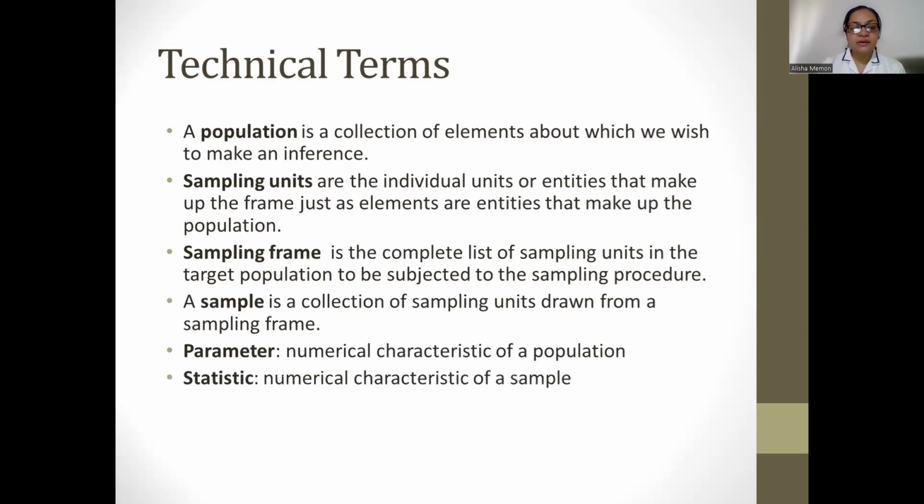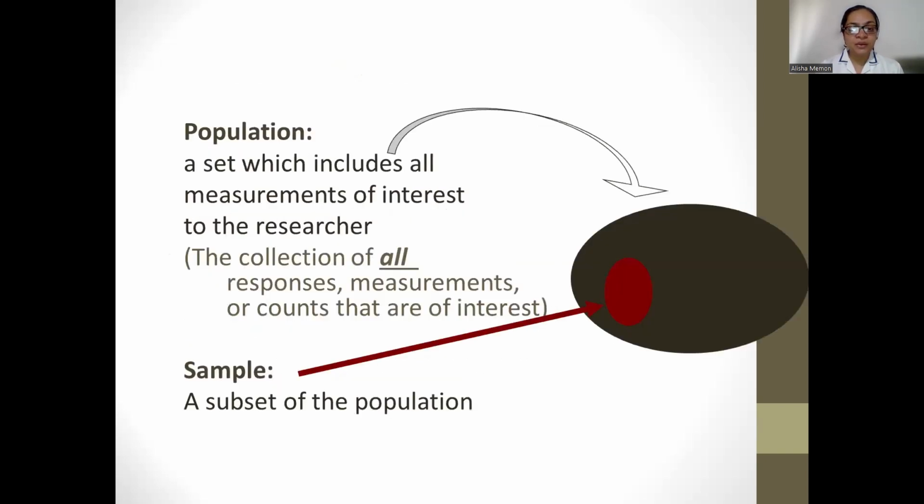There are two other terms. When we say parameters, we are talking about numerical characteristics of a population. And when we say statistics, we are talking about numerical characteristics of a single sample. So here, if you can see this diagram, the gray portion is representing the entire population or the target population.